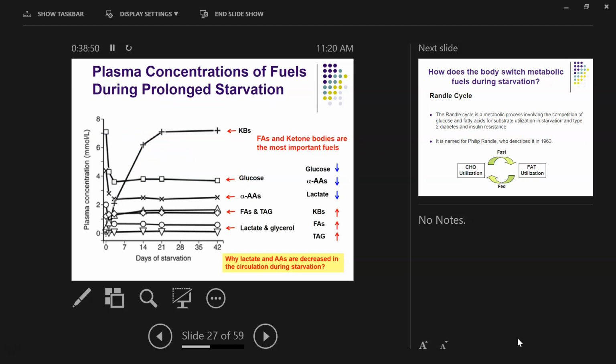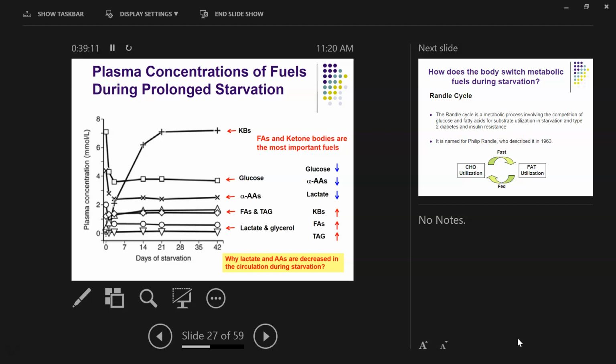Okay, so here is information about the plasma concentration of energy fuels during prolonged starvation. You can see that the ketone bodies rise significantly.